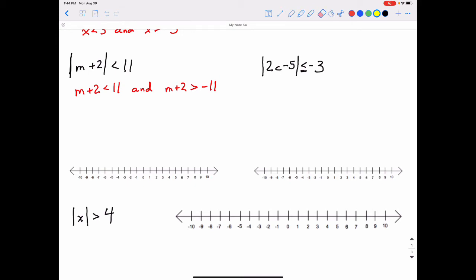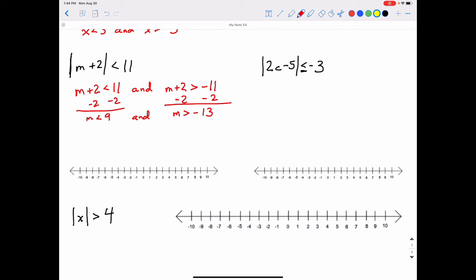So then I just solve both of those separately. So I subtract 2 from both sides on this one, and I get m less than 9, and subtract 2 from both sides on this one, and I get m greater than negative 13. So when I graph these, I'm going to put open circles on both of them because they are both without equal signs.